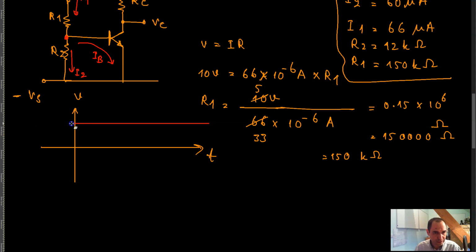But when it comes to AC, things are different, because then you have to work with all of these. Let's say this is, for example, pi by 2, and this is pi, and this is 3 pi by 2, and this is, for example, 2 pi, and then you have a sine wave like this. You would have something like this over here.